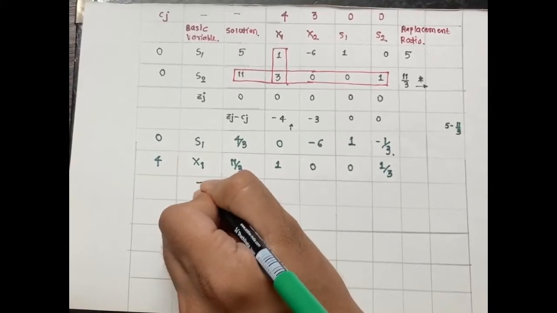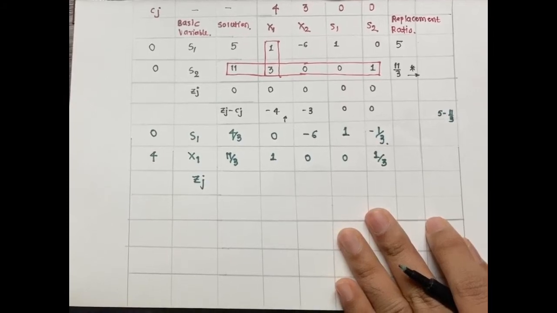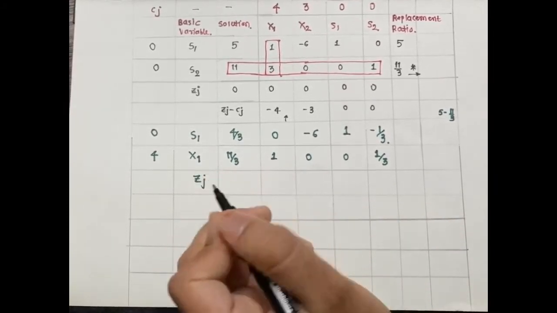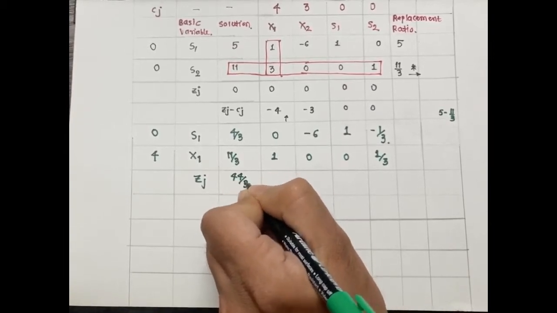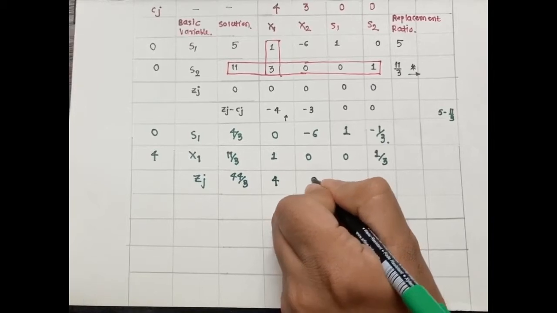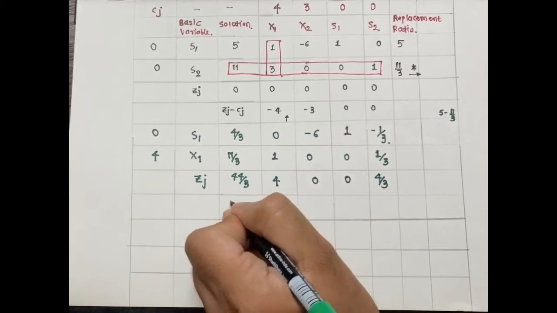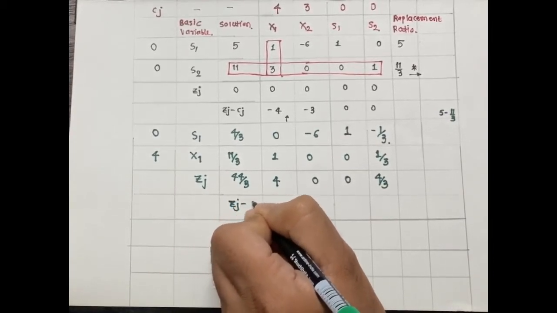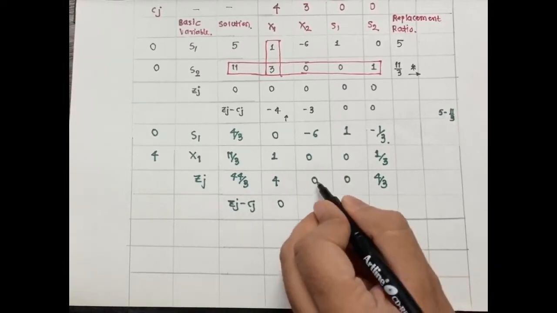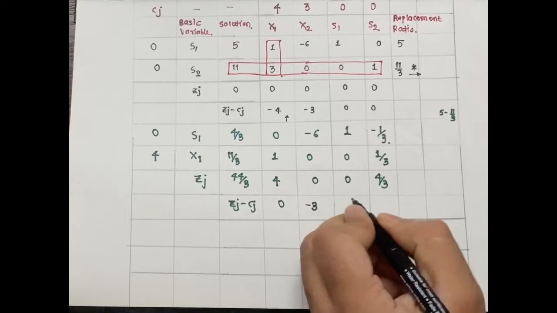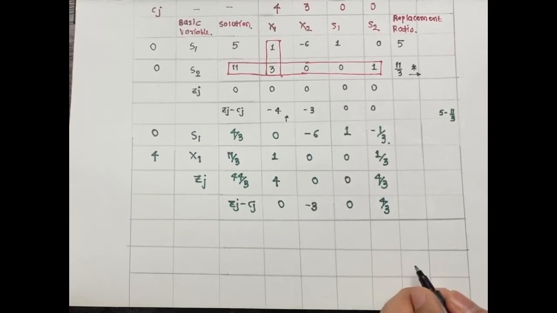If I compute the Zj values, this is 11, so it is 44 by 3, this is my 4, these remain 0, 0, and this gives me a value of 4 by 3. If I do Zj minus Cj, this is 4 minus 4, that is 0, 0 minus 3 is minus 3, this is 0, and this gives me a positive 4 by 3.